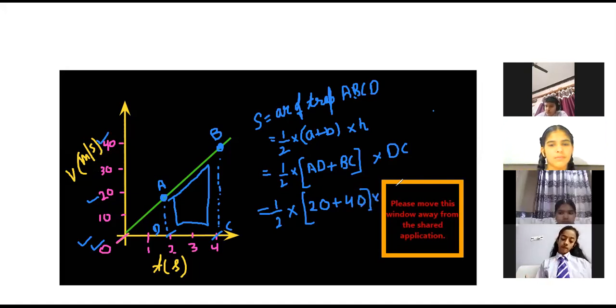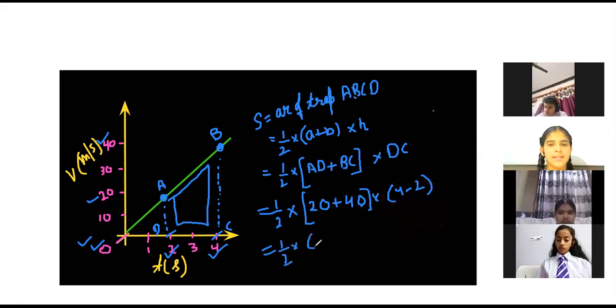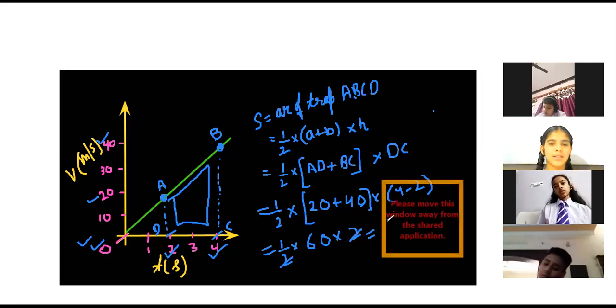Multiply by DC. DC starts from 2 and goes till 4. So 4 minus 2. What do you get? Half into 20 plus 40 is 60, into 4 minus 2, which is 2. So this 2 gets cancelled and we are left with 60.